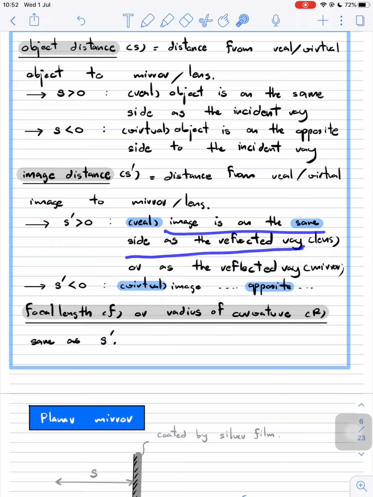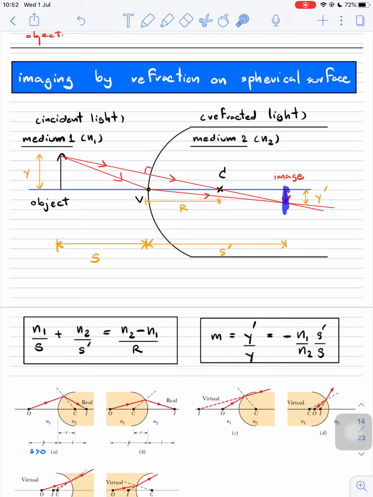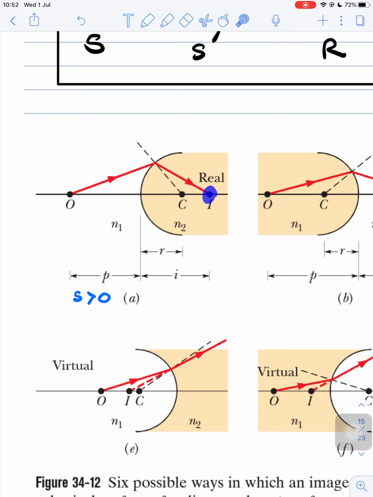So in this case, you can see that the image is on the right hand side of this interface. Sorry, I just made the wrong picture. Okay, so the image is on the right hand side, and the refracted ray is on the right hand side as well. So in this case, we get that the S prime is positive, okay.